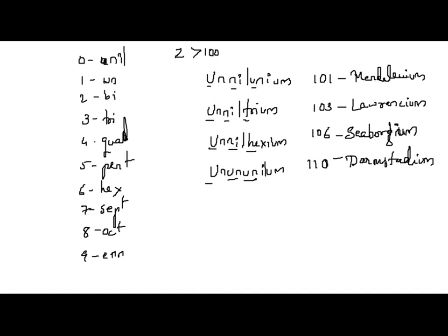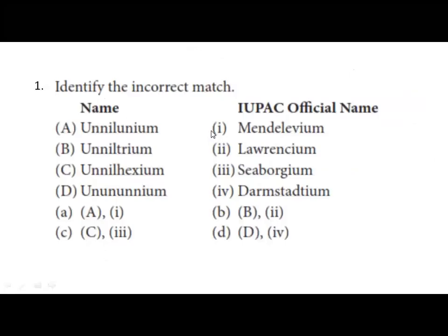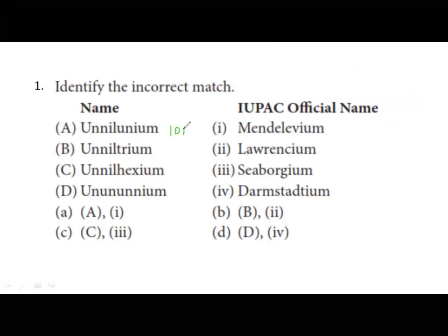So let us see which is the correct match. Unnilunium. So it is what? 101. Correct. So 101 is what? Mendelevium. 101 is Mendelevium. Unniltrium, 103. 103 is Lawrencium.